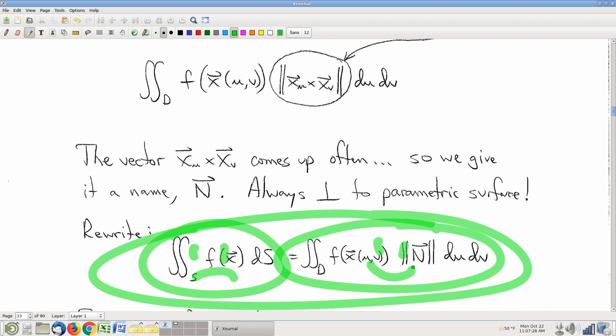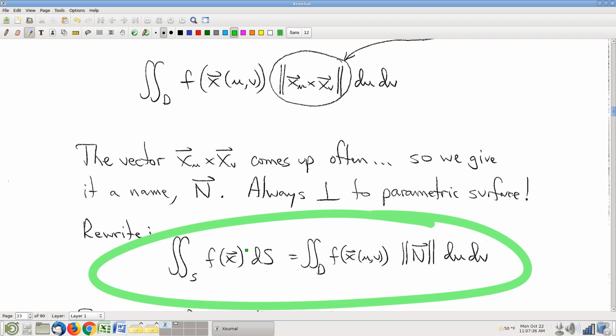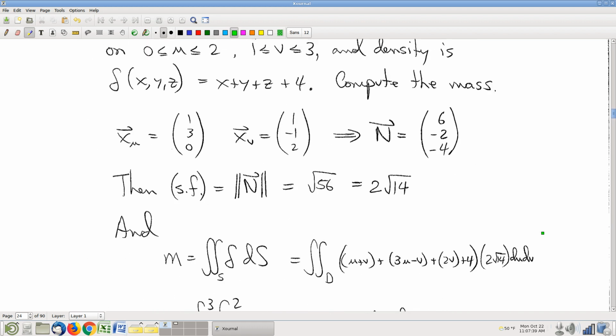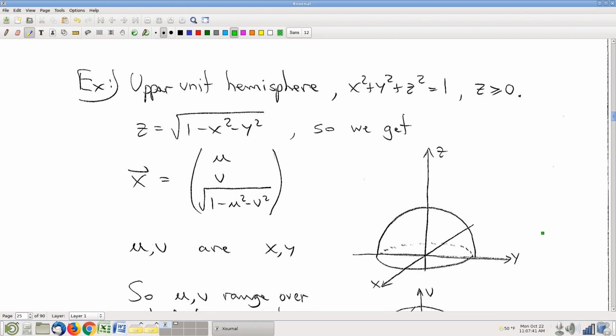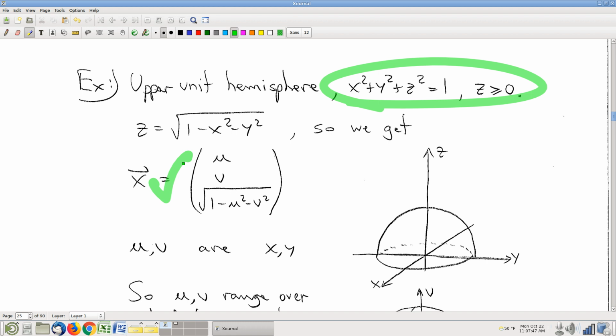The thing that makes that work, the tool that you do all these computations from, is the parameterization. So you've got to have the parameterization in order to do that. So that is what we've achieved here. I took something that was not parametrized as written, and I parametrized it. Does that make sense?